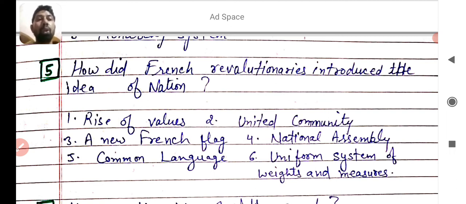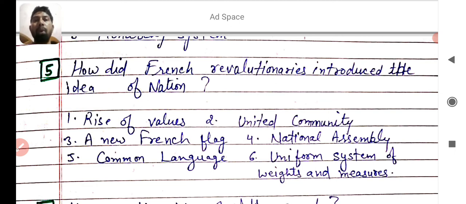And they also united the community, by telling that we have to unite ourselves for making a nation state. And they made a new French flag, the tricolor French flag, to increase nationalism in France.